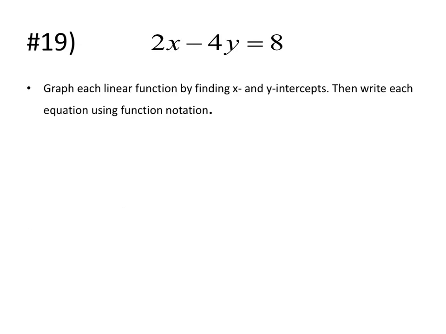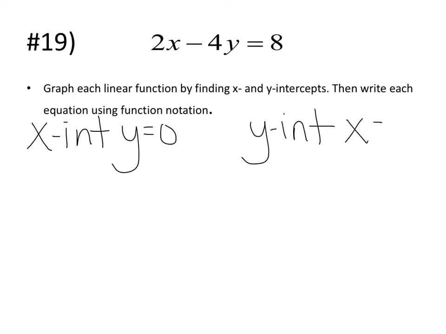All right, last one here, same thing. If you want the x-intercept, you're going to set y equal to 0. If you want the y-intercept, you're going to set x equal to 0. And so here we say 2x minus 4 times 0 is equal to 8.